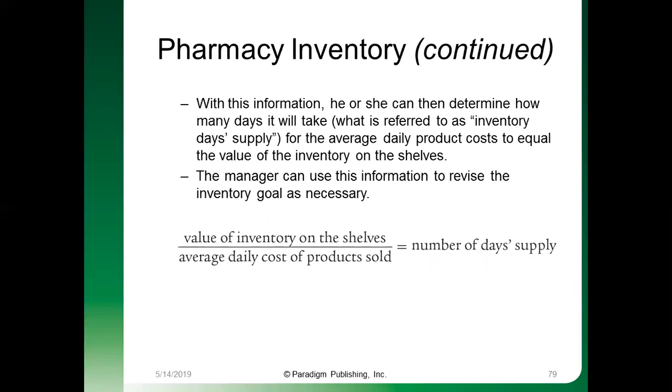With this information, she can then determine how many days it will take, what is referred to as inventory day supply, for the average daily product cost to equal the value of the inventory on the shelves. The manager can use this information to revise the inventory goal as necessary.